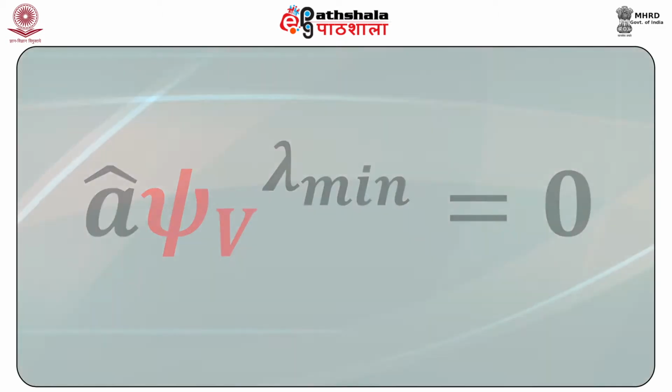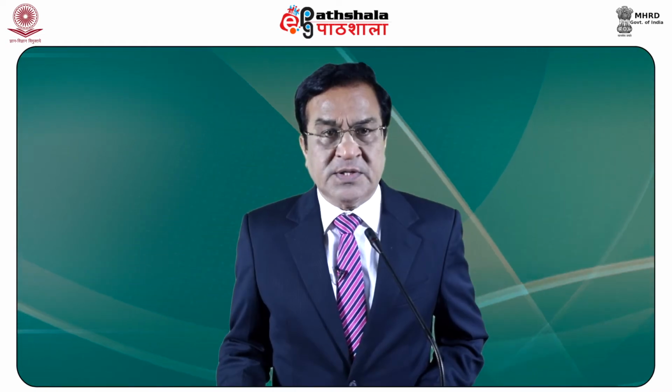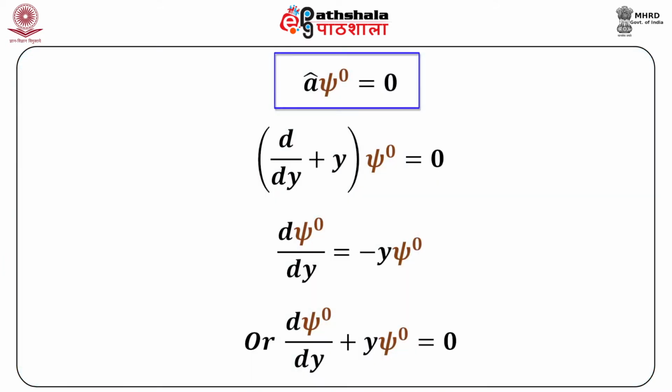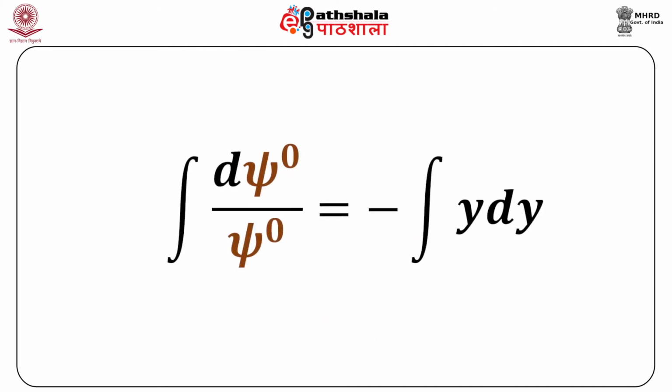Now suppose that psi v lambda minimum is psi 0, because we cannot have a wave function for a lower value than this. Therefore, A cap psi 0 becomes equal to 0. Now A cap, you know, is d by dy plus y, and if we simplify it and further integrate it, it's very simple.